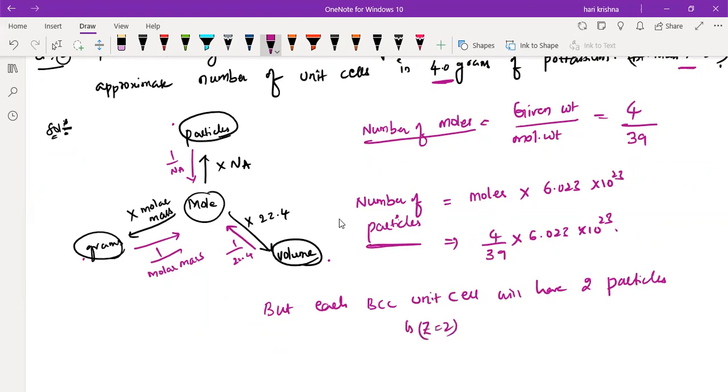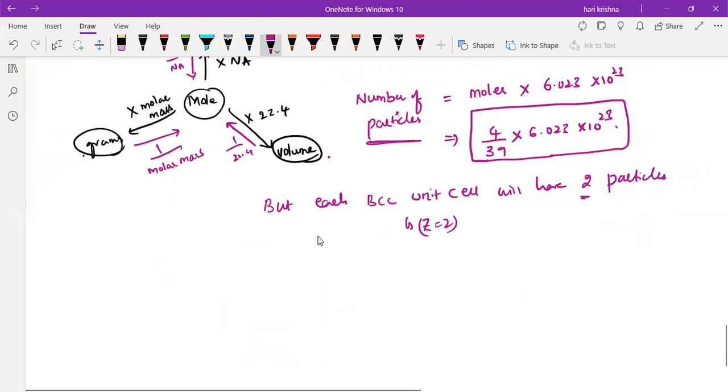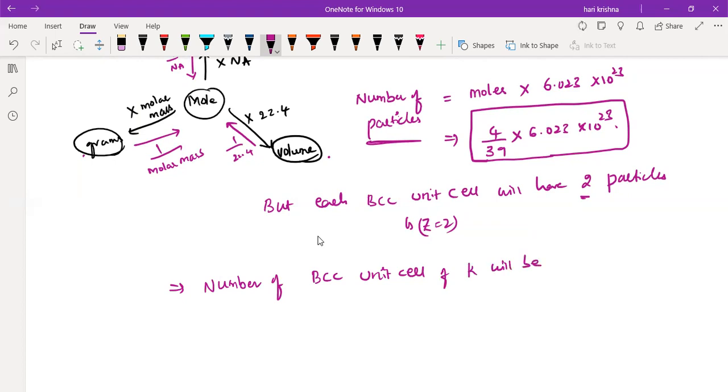If you take the number of atoms as these many, and each BCC unit cell will have 2 particles, that means how many BCC unit cells will be formed? Anyone? The number of BCC unit cells of potassium will be the number of particles by 2, because 2 particles will be there for each unit cell.